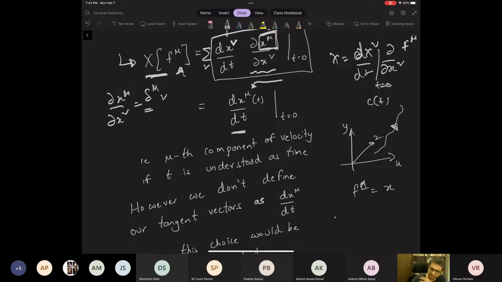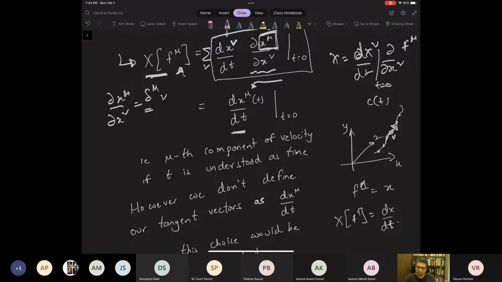Then x acting on f1, all it does is return dx dt. And if I think of t as some measure of time, the rate at which I'm moving to different points on this curve, then dx by dt is in some sense a measure of the velocity along the curve.